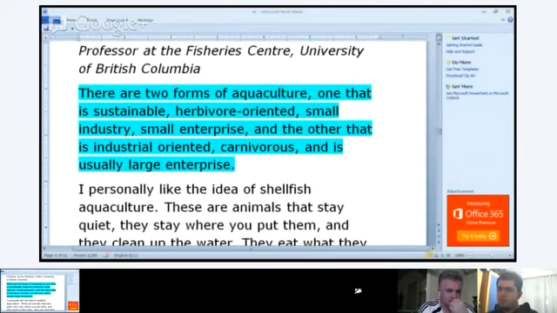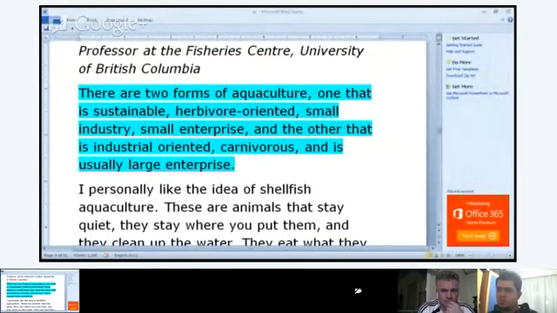It was made usually in large enterprises. Yeah. It's large scale, large sized operations, very commercial or industrial. And these are species of fish that eat meat. And so we're talking about species like salmon or trout farming.